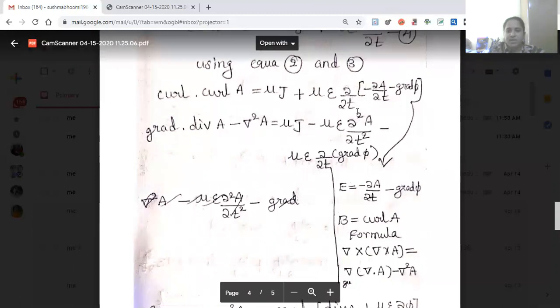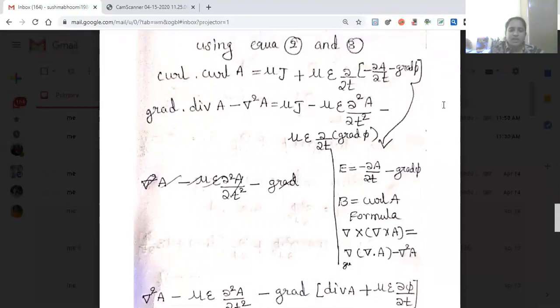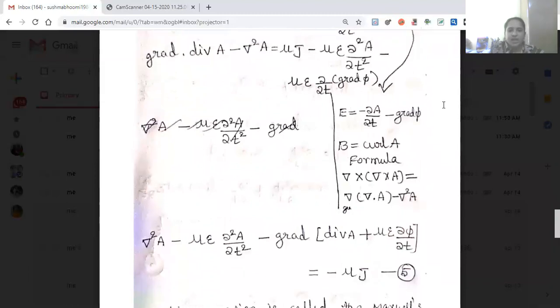We are just simplifying this. We're just multiplying, and then mu epsilon del by del T of grad phi. So now again we'll simplify this equation.